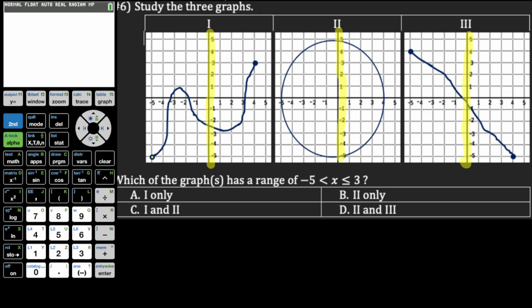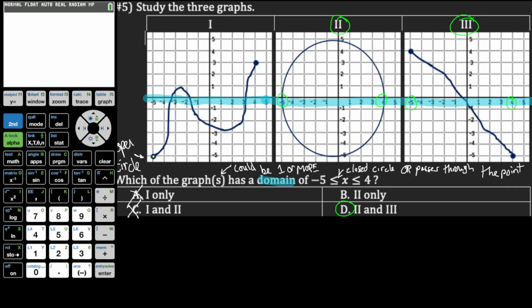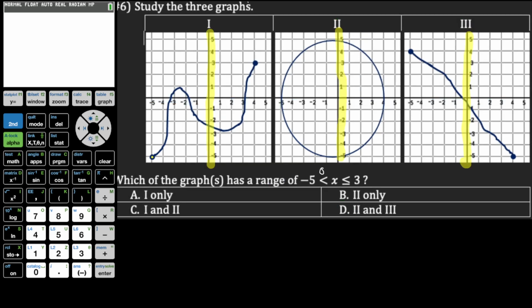So let's say we're looking for graphs that have an open circle. Let me make sure, did I write open circle on the last one, or did I write closed? Okay, open circle on -5. So on -5 it's open, however on 3 it's closed, where it passes through.